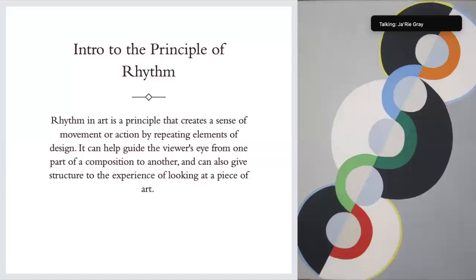You can use the spacing of your elements and gain some type of rhythm from there, like a repetition with your elements. So rhythm in art is a principle that creates a sense of movement or action by repeating elements of design. It can help guide the viewer's eye from one part of a composition to another, and can also give structure to the experience of looking at a piece of art.